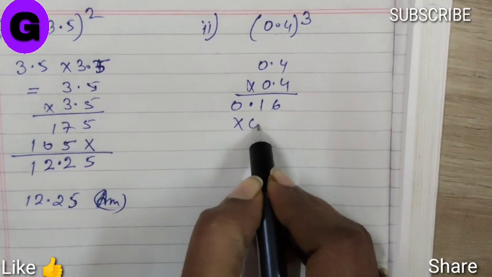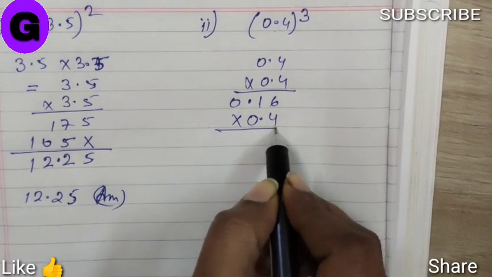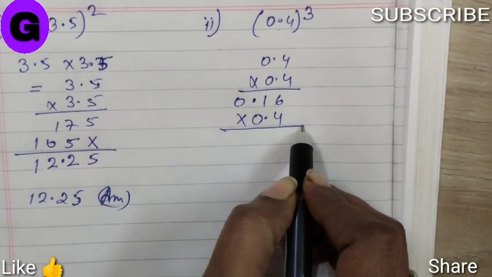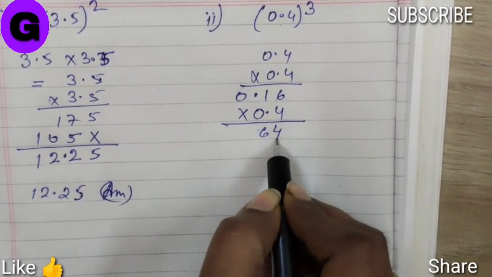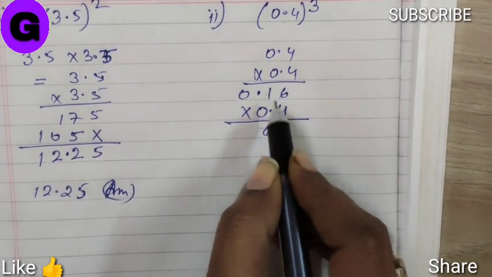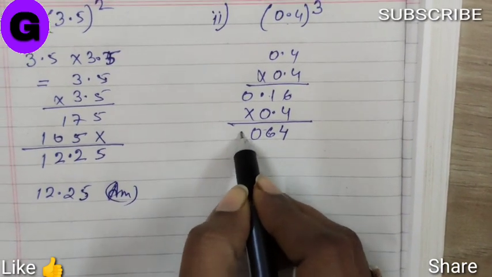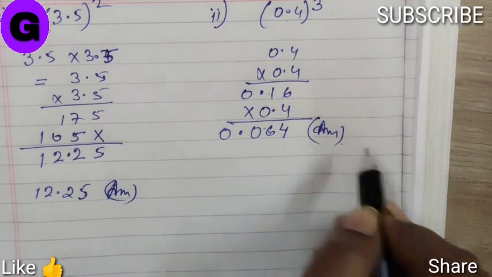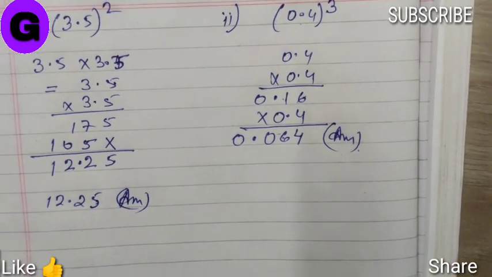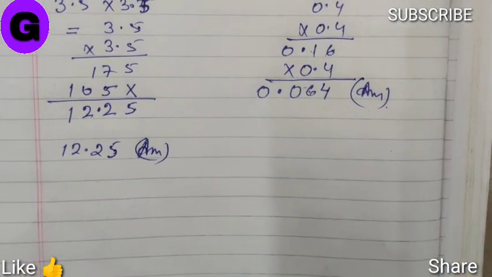This again into 0.4. So we will get the answer 64. 1, 2, 3, 1, 2, 3 and decimal. This is the answer. So here we come to the end of exercise 7.4.